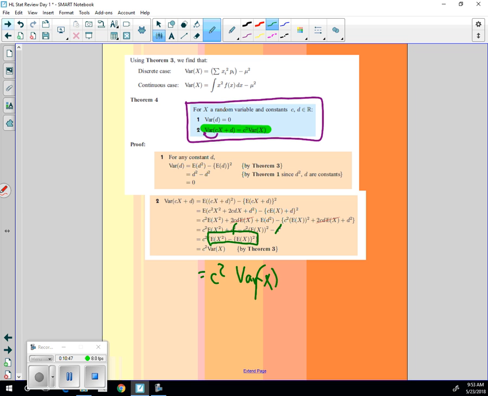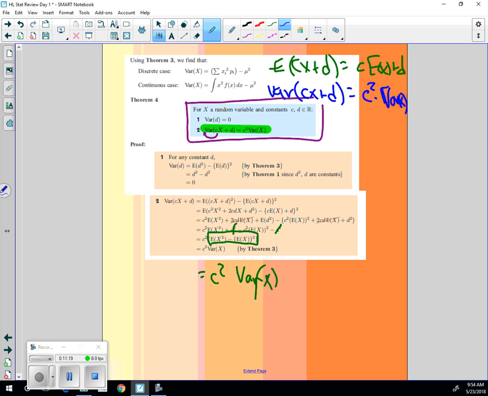So it's c squared times the variance of x. So what are we doing here? Well, if you look at E of cx plus d, that's just going to be c E of x plus d. If you do the variance of cx plus d, the d is nothing, but the c is going to be squared, c squared times the variance of x.